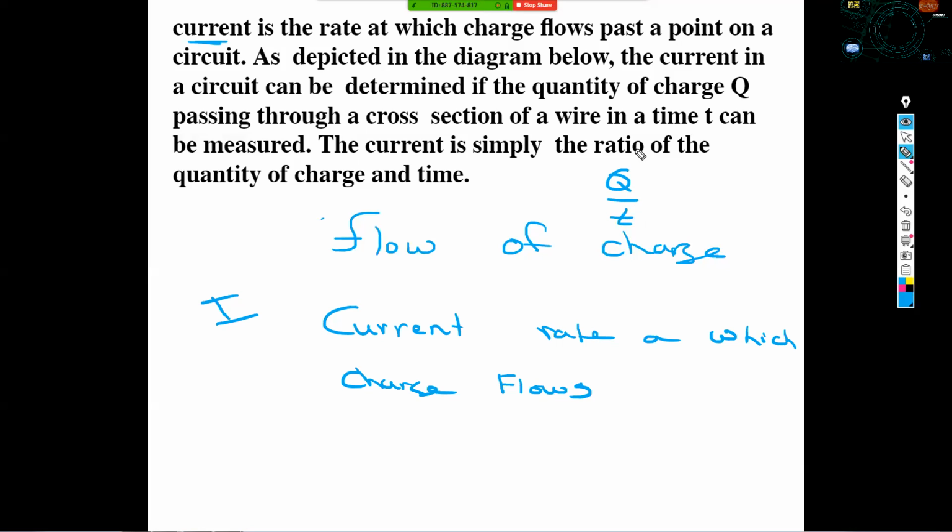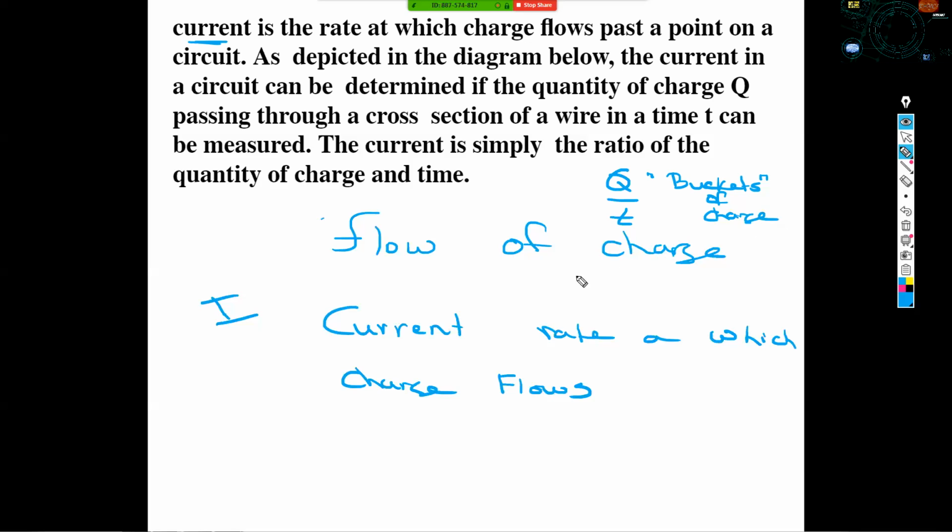Now, remember, a coulomb of charge is not one electron. It is a whole bunch. Remember, an electron or a proton is 1.6 times 10 to the negative 19th coulomb. So you can think of this as buckets of charge flowing by you per second.